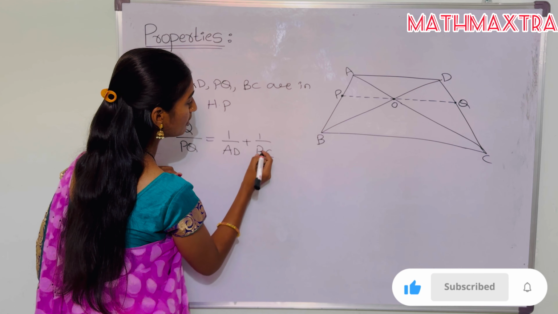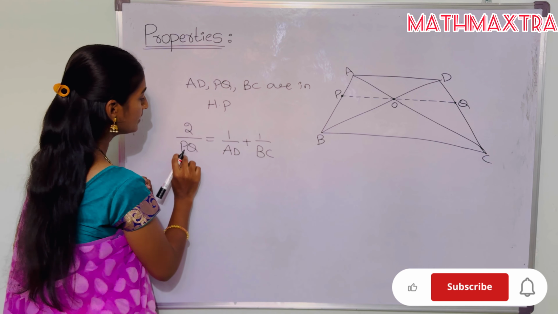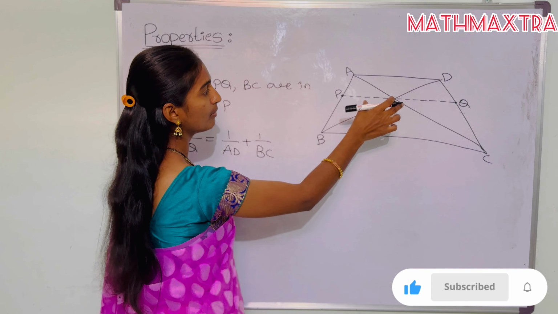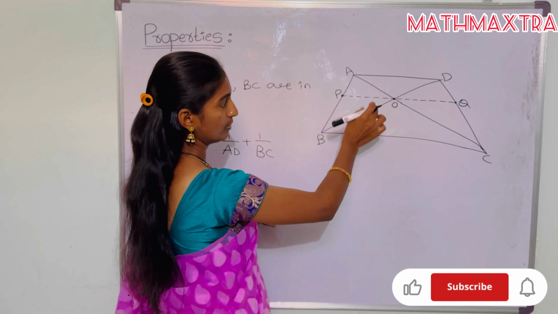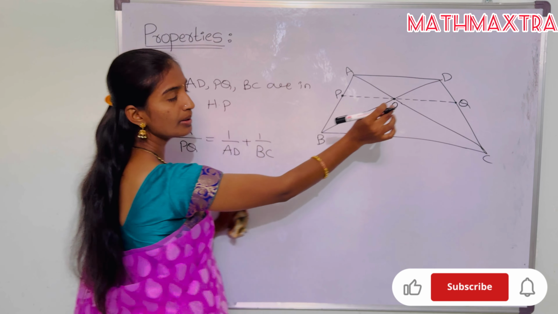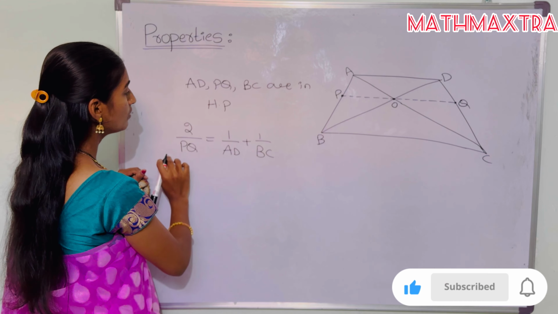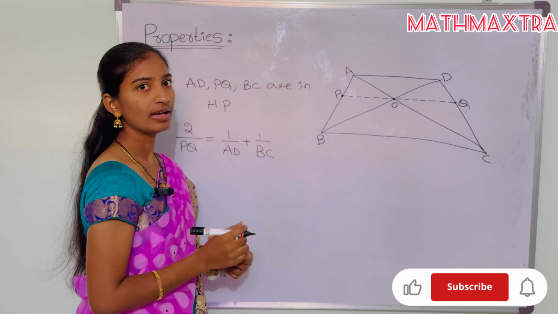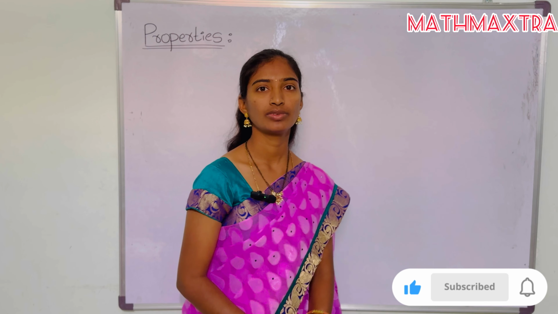AD and BC are the parallel sides, and PQ is a line segment parallel to the parallel sides and passing through the intersection point of the diagonals. So these three are always in harmonic progression. Okay. Thank you.